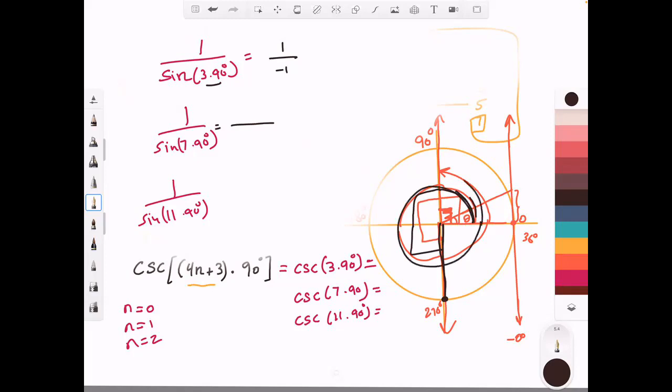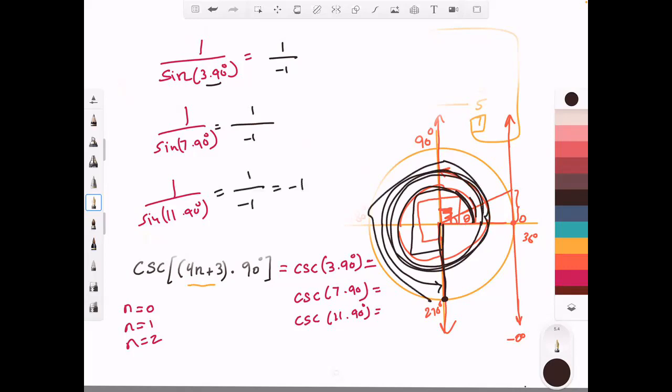So 4, 5, 6, 7. I end up being here again. Again, the answer is -1. For 11, it would be 2 loops, which is 8, 9, 10, 11. So the answer is -1, -1, -1. So you pick -1 for that question.